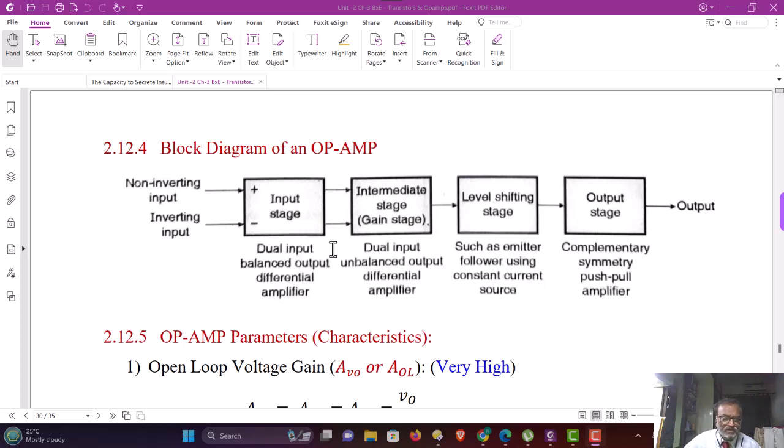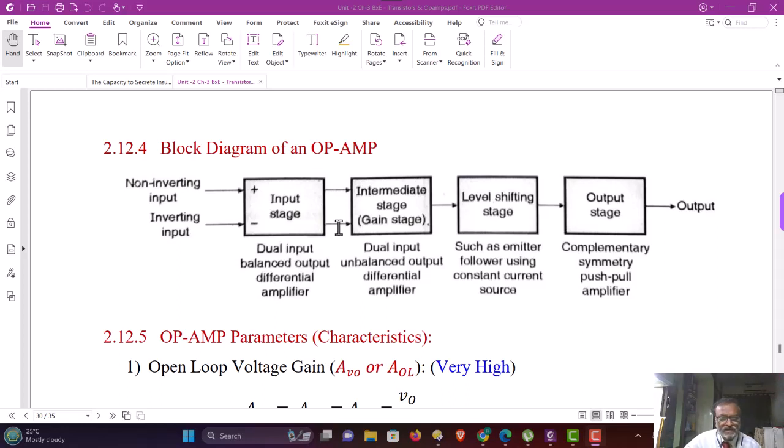The details of the differential amplifier circuits are beyond the scope of your subject. But just note that the differential amplifier is a configuration where the differential input between the inverting and non-inverting terminals is amplified and available differentially at the output of the input stage.